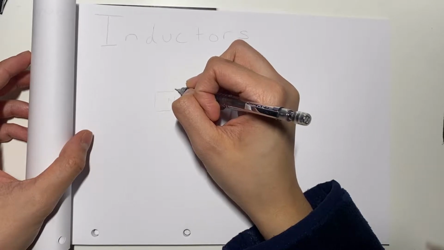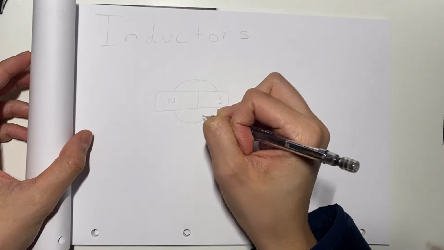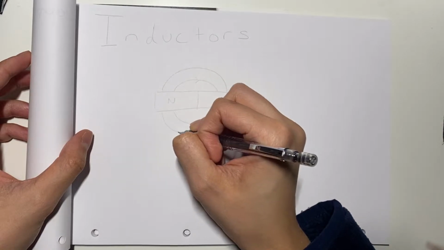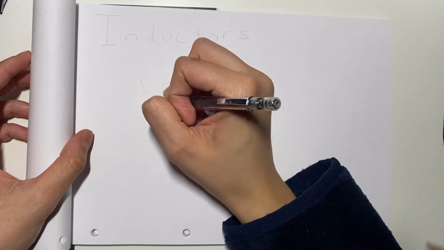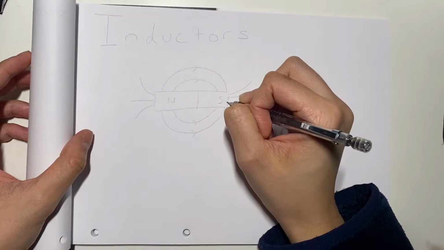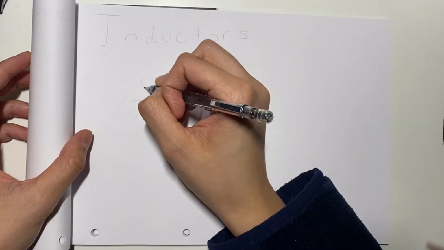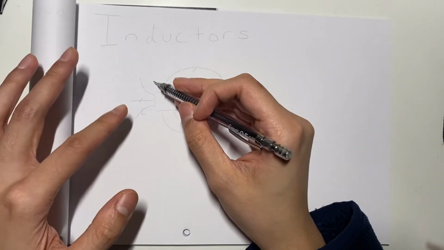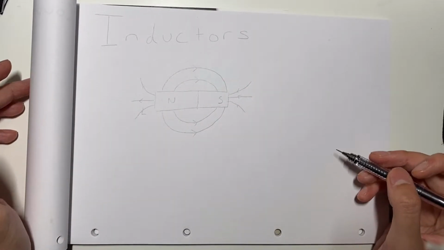If you ever did sprinkle these iron filings around, you would see that the iron filings would arrange themselves in this type of configuration. So not without arrows, but that's just a visual demonstrator. They've arranged themselves in that kind of configuration, and that's what we call the flux lines.